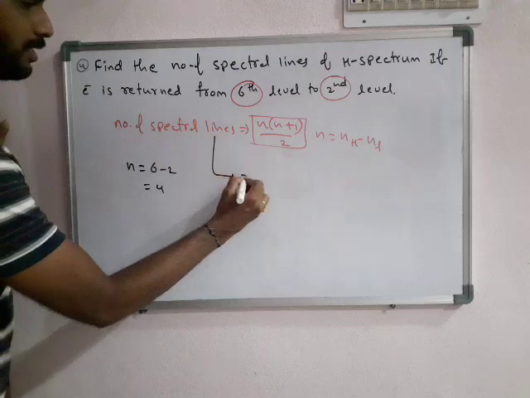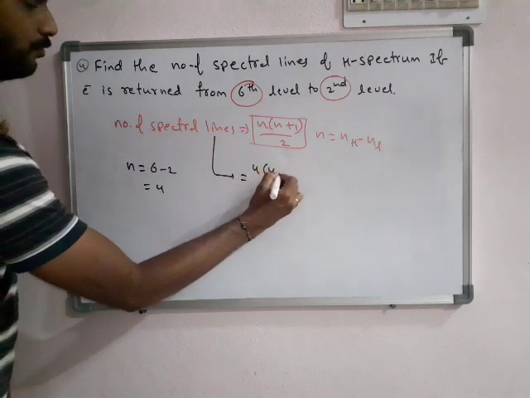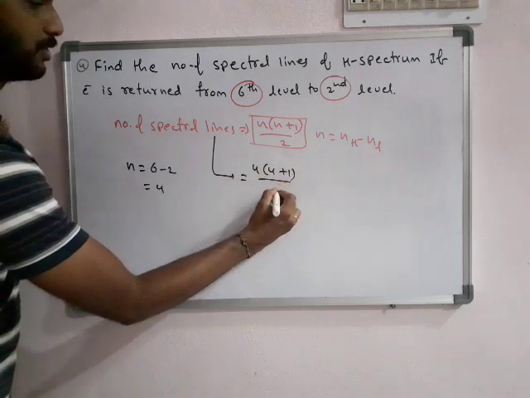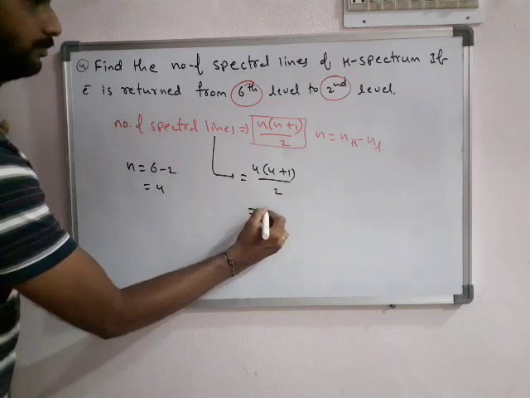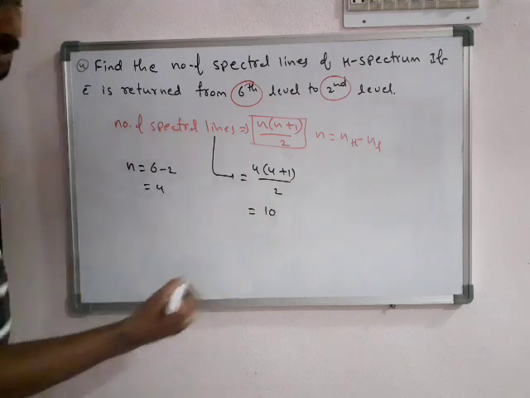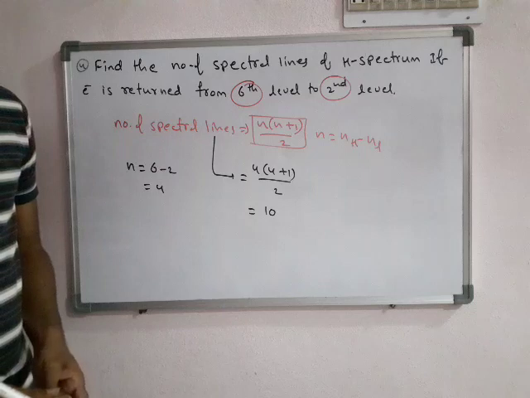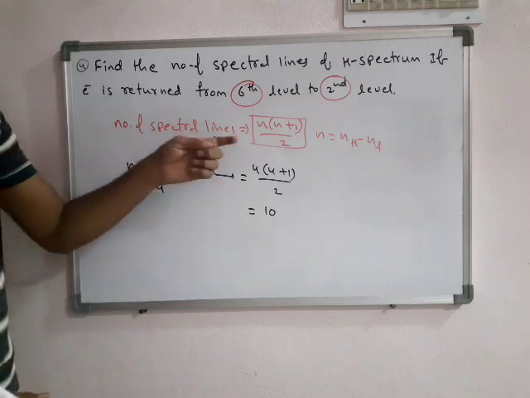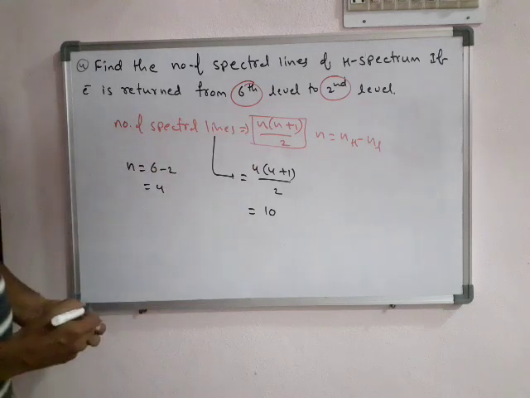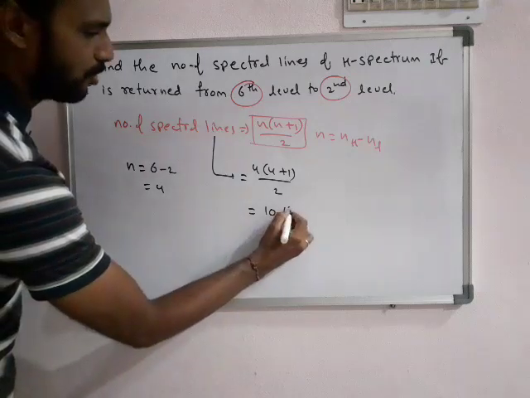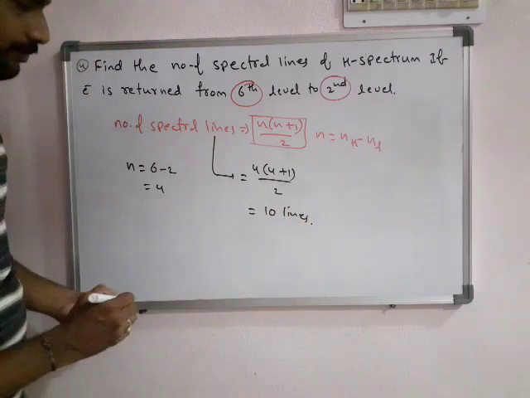Therefore the number of spectral lines is 4 into 4 plus 1 by 2. So a formation of 10 lines takes place in total, from 6 to second level.